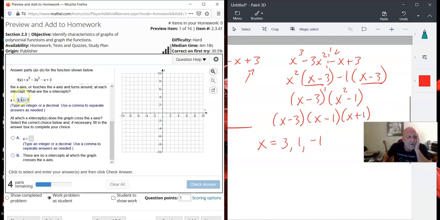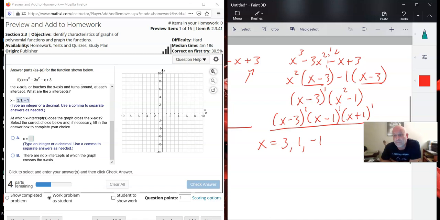So we need to know which ones of these it crosses the x-axis. So let's go back to our factoring over here. All 3 of these factors have exponents of 1, and so that means they're all odd exponents, and that means they all go straight through the x-axis. None of them bounce off. You would need an even exponent to have it bounce off.